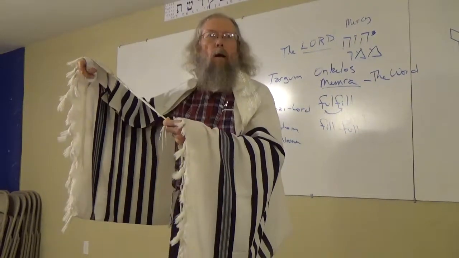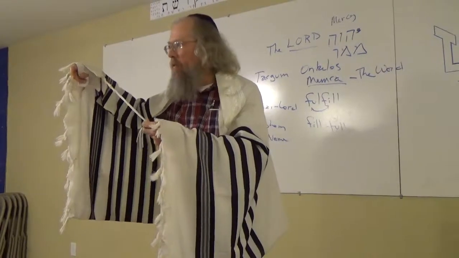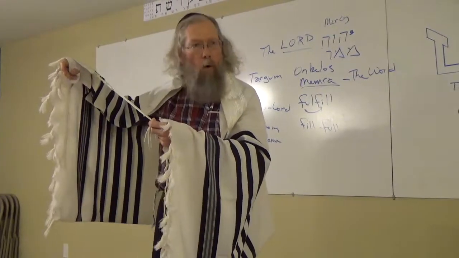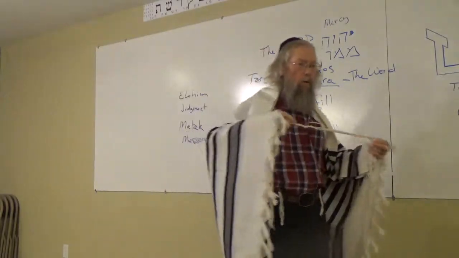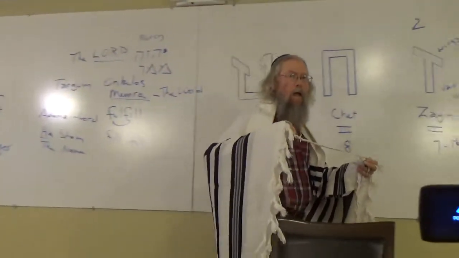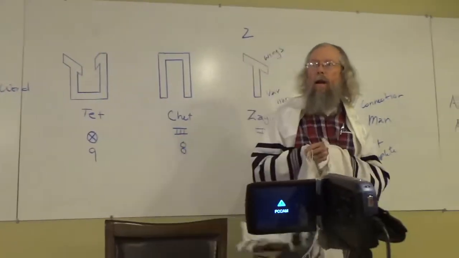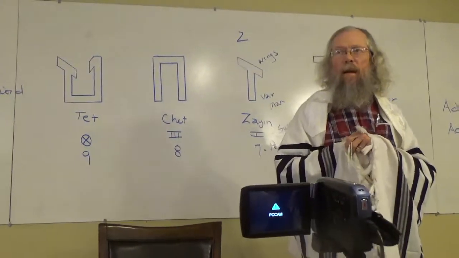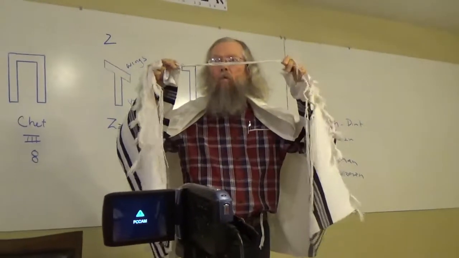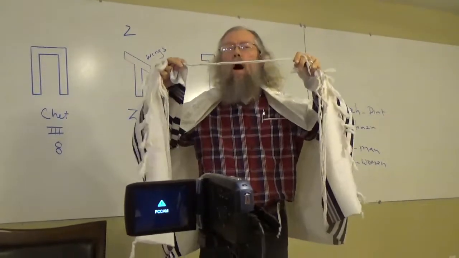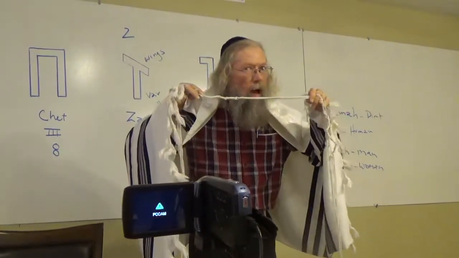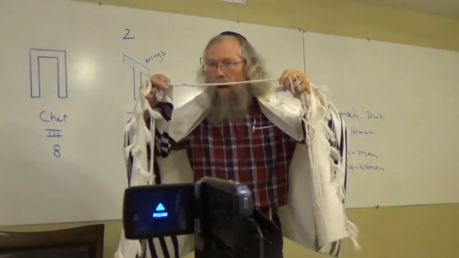Why? Because there are 613 mitzvot, or commandments, in the Torah. So this is to remind me that there are 613, and that I am to do how many of them? It says that you may look upon them and remember to do all. How much? All that I have commanded you.